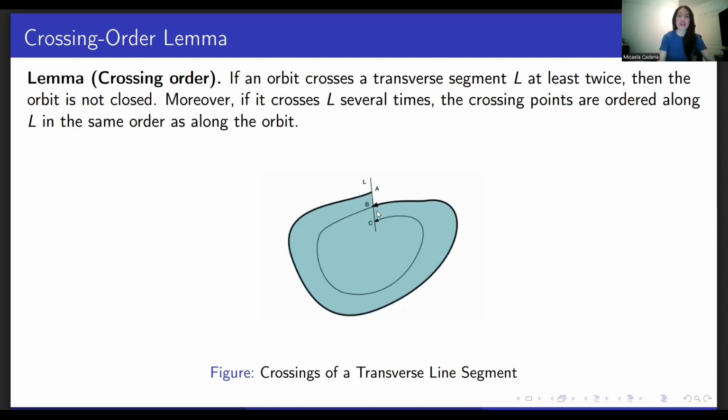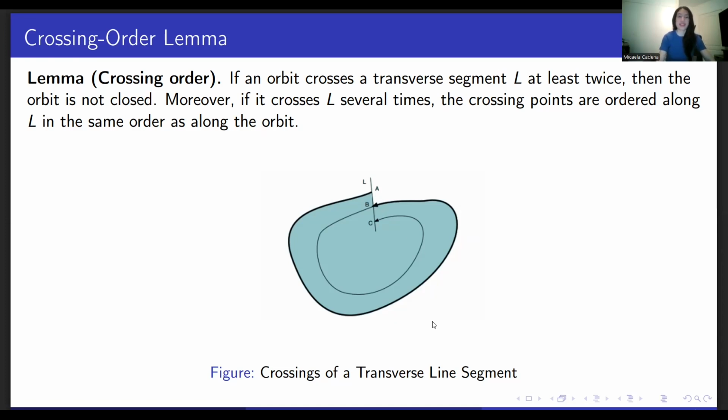So the only way for it to go through this segment again is if it's in the near of B, as in the order ABC. Therefore, the lemma is true.